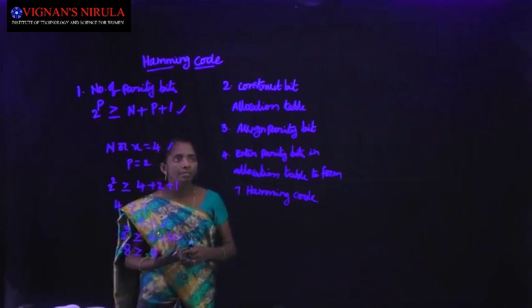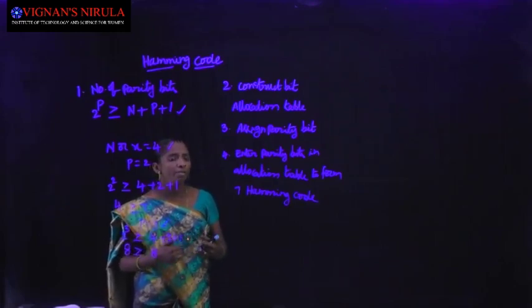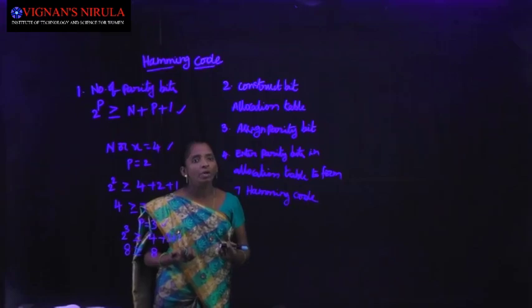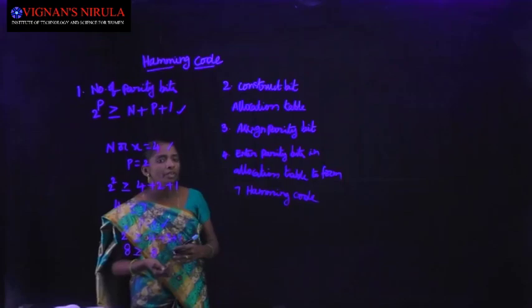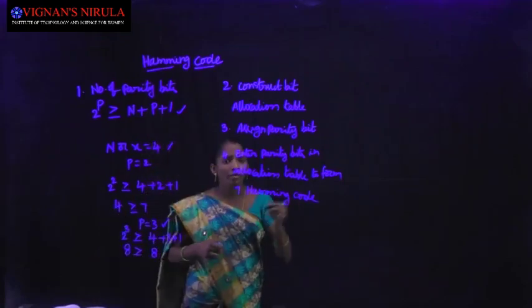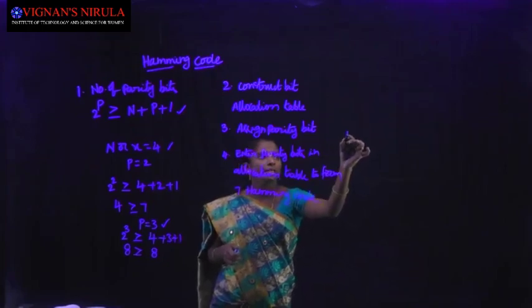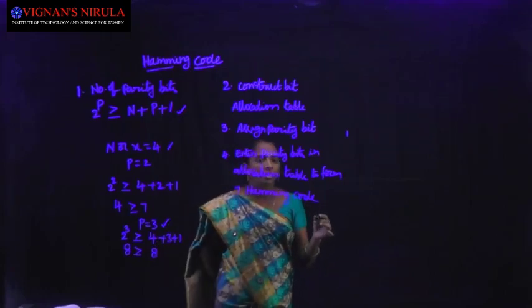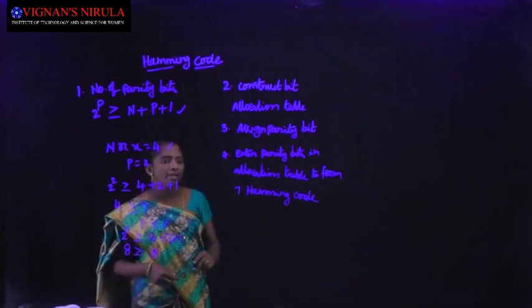In the third step, assign parity bits. We know how many parity bits we have to send to the receiver, so now we assign them. In this example we have 3 parity bits, and we should add these parity bits at the positions that are powers of 2.